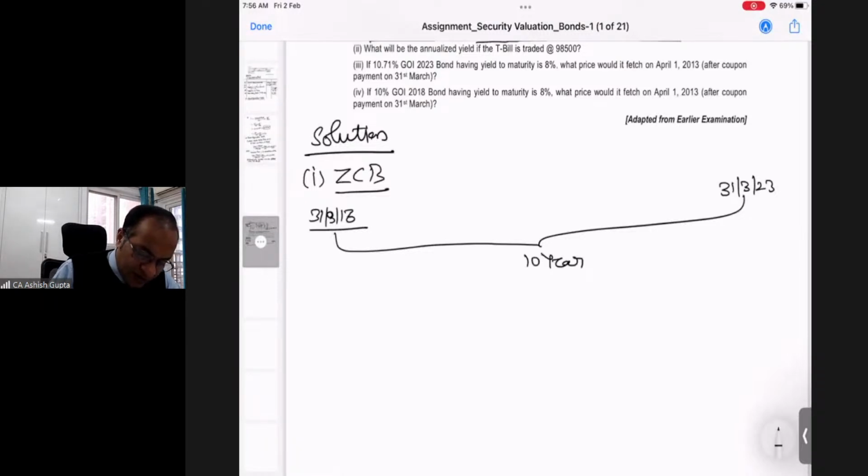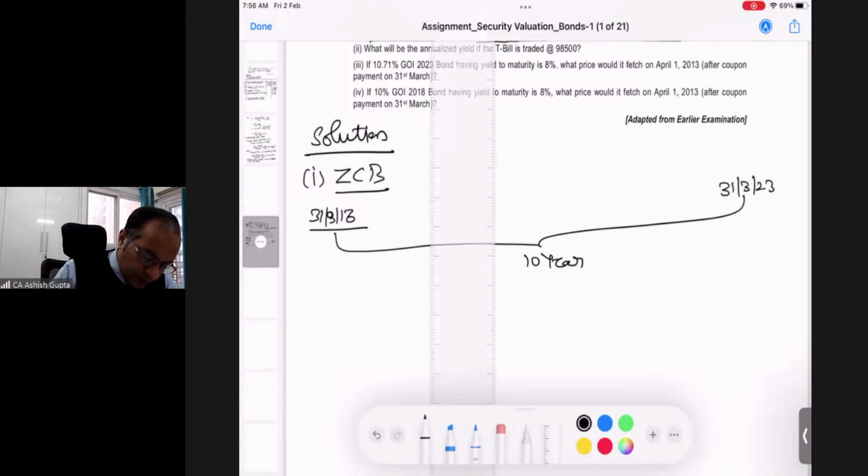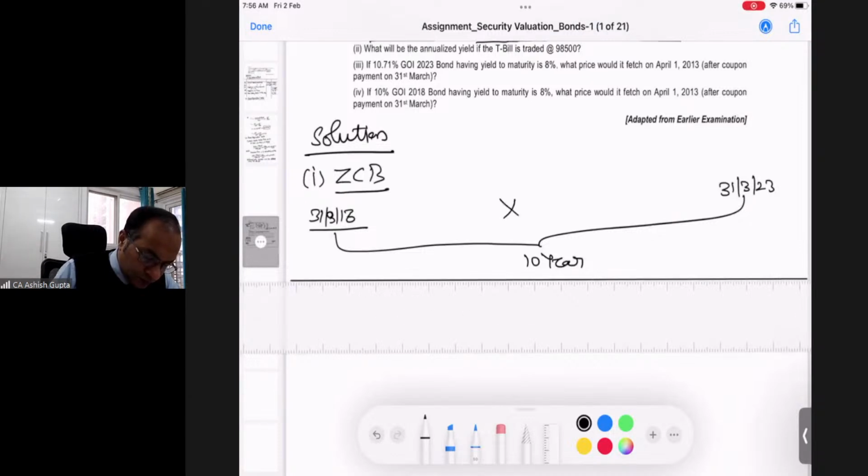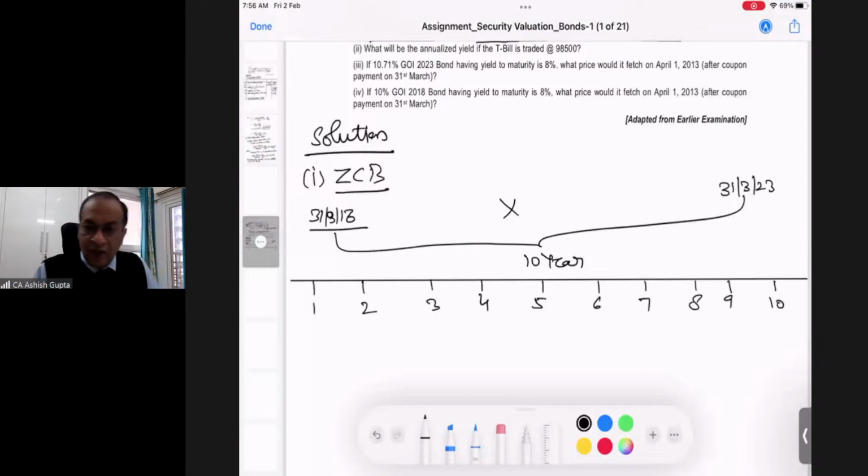If I draw a straight line, now there is no coupon payment. 1, 2, 3, 4, 5, 6, 7, 8, 9, 10.